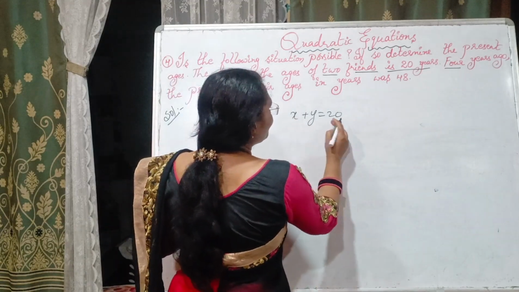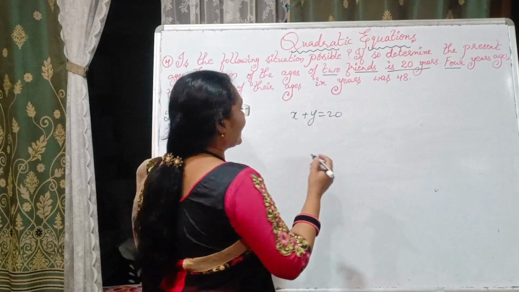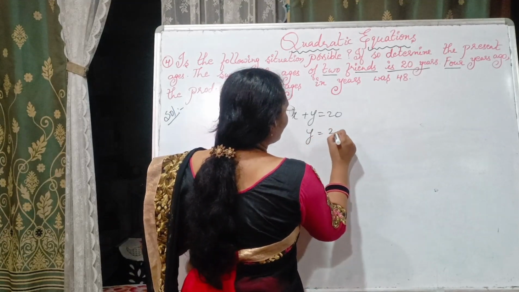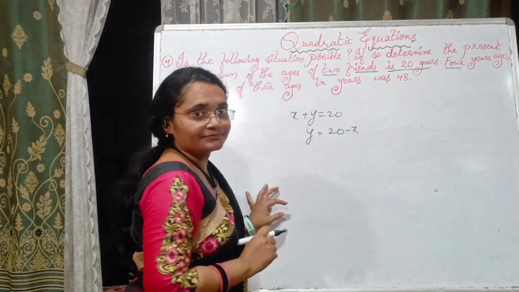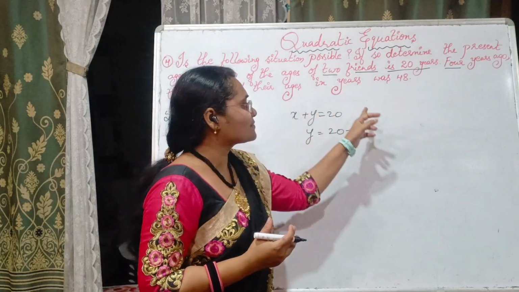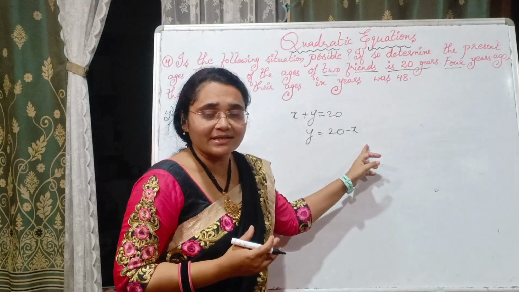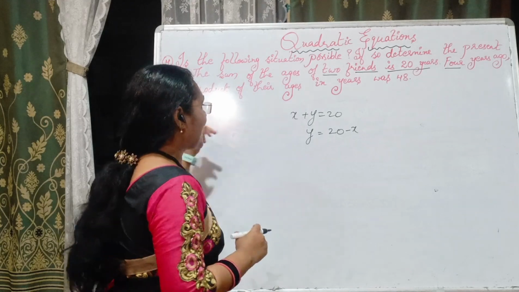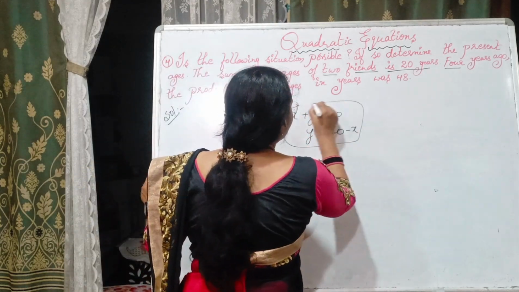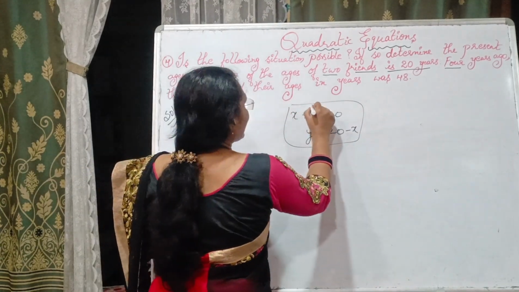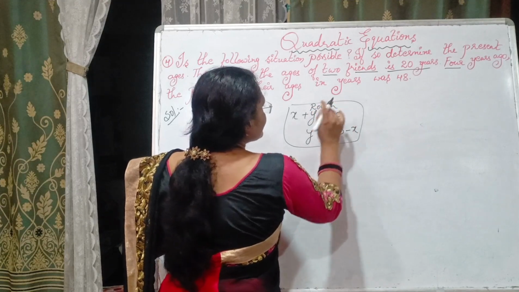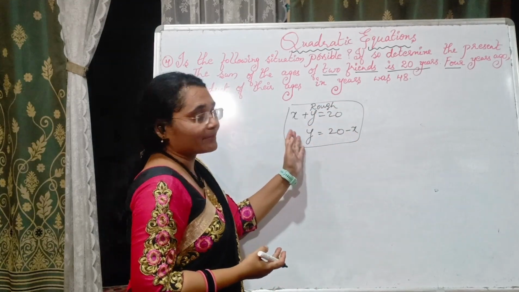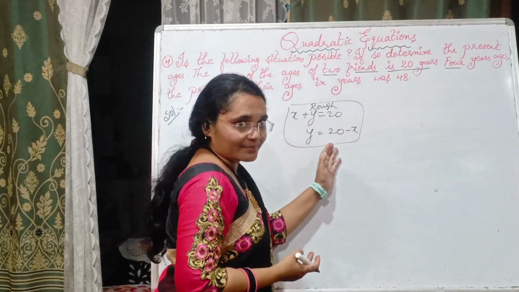Then when the sum is 20, can I assume that one friend's age is x and the other is 20 minus x? Yes, obviously, when I transpose x to that side, I get 20 minus x. You keep this as rough work: the sum of two friends' ages, let x and y, is 20. So y is equal to 20 minus x.